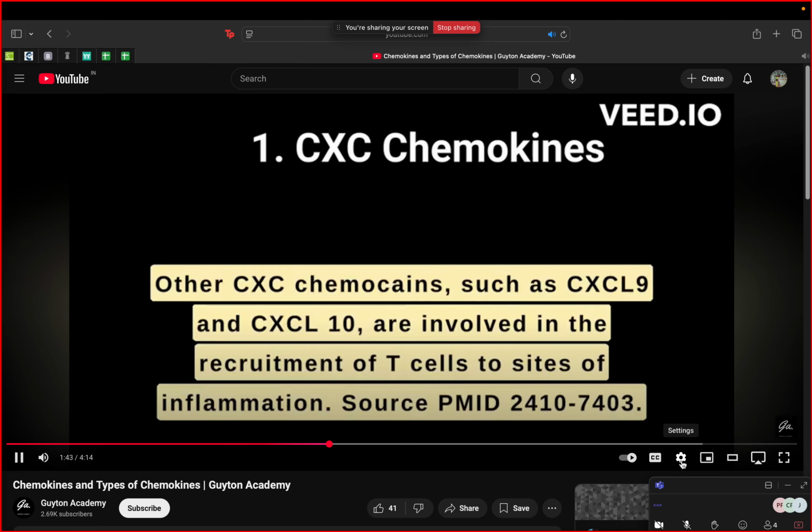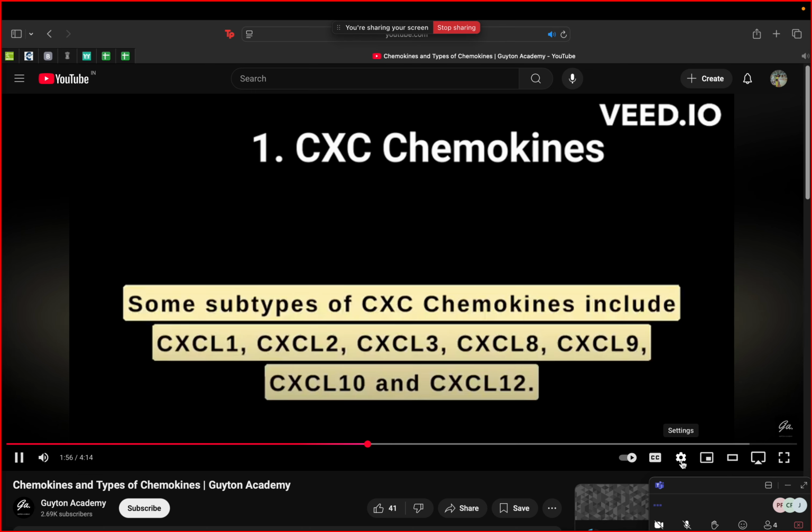Other CXC chemokines, such as CXCL9 and CXCL10, are involved in the recruitment of T cells to sites of inflammation. Source: PMID 241074003. Some subtypes of CXC chemokines include CXCL1, CXCL2, CXCL3, CXCL8, CXCL9, CXCL10, and CXCL12.